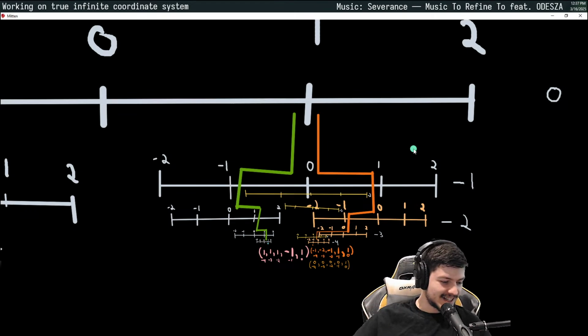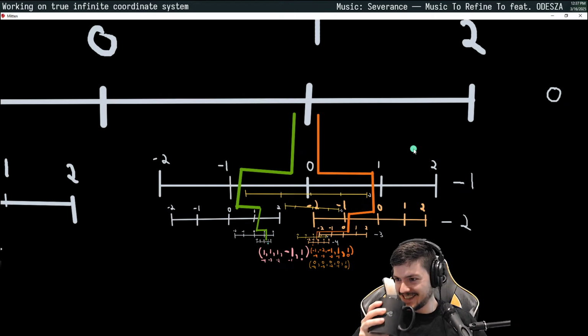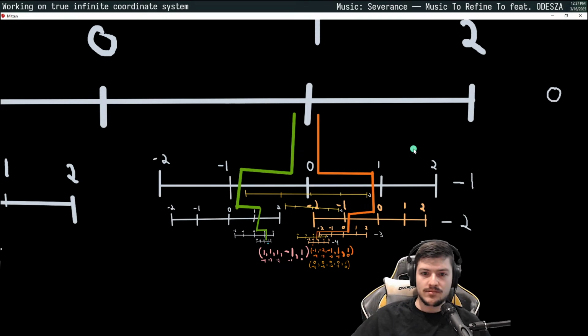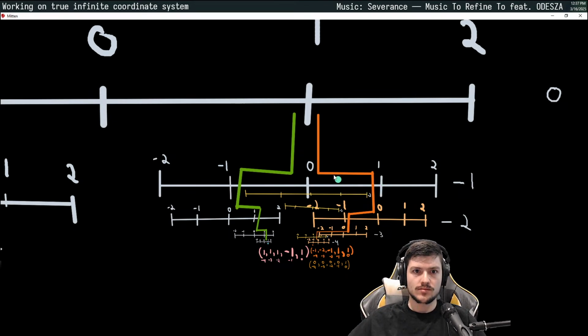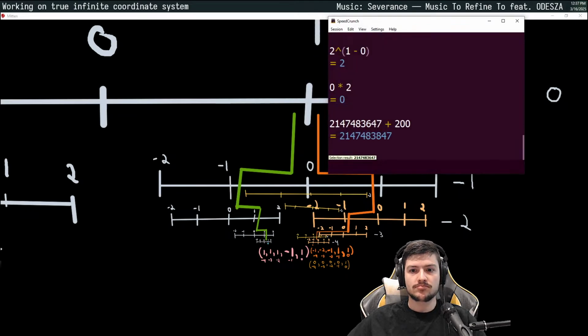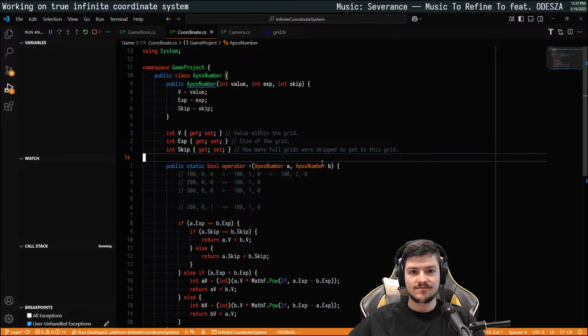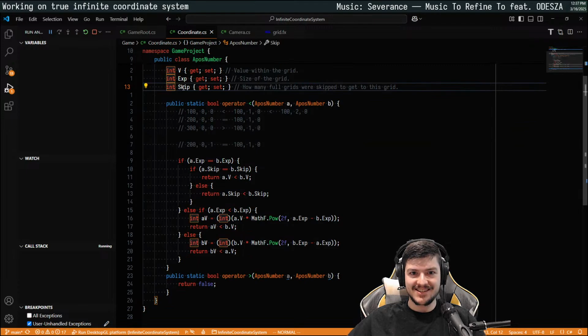Like, this isn't rocket science, right? It should be so easy. This doesn't look hard.